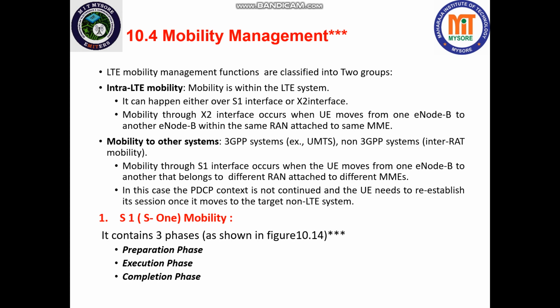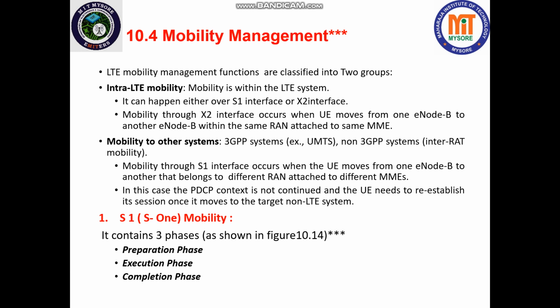In one mobility management entity, there might be a number of e-node Bs. Okay, X2 interface deals with what? When user equipment moves from one e-node B to another e-node B and it is attached to the same MME. Otherwise, S1 interface will take place.